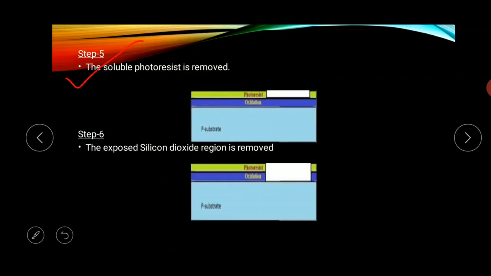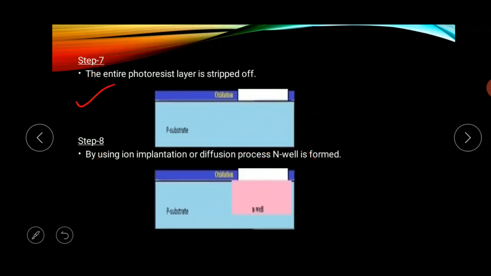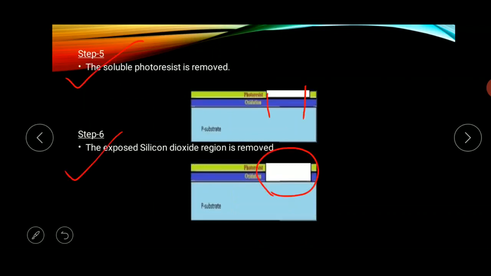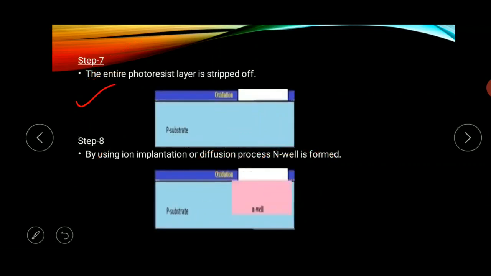After the removal of the photoresist in this region, the silicon dioxide layer is exposed. In step 6, the exposed silicon dioxide region is removed. In step 7, the remaining photoresist present in other regions is removed using an etching process.